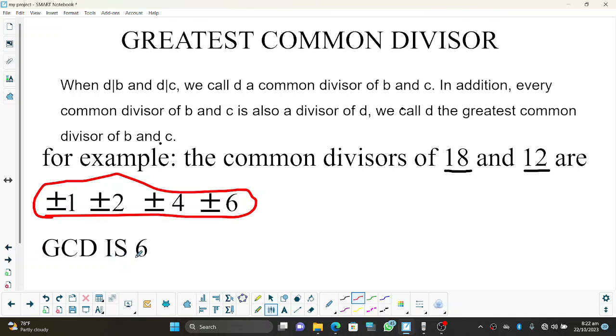So the GCD is 6. When we are asked to find the GCD of two numbers, you list all the common divisors of these two numbers, and you pick the greatest one, and that becomes the GCD.